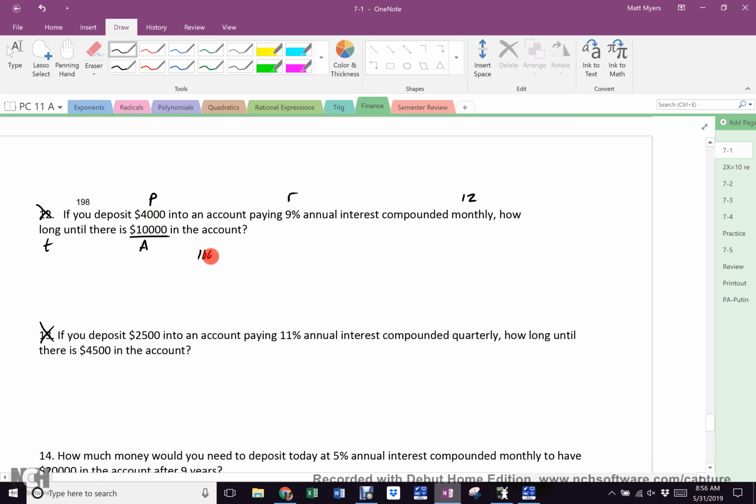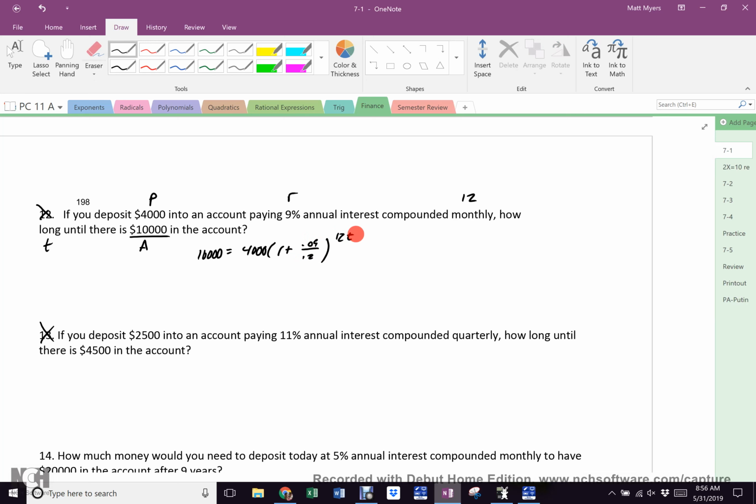So, 10,000 equals 4,000 times 1 plus R, not R, 0.09 over 12 to the 12t. Can everybody fill in the formula? Even the people who put their hands up that need to see another log question. Can you all fill in the formula?